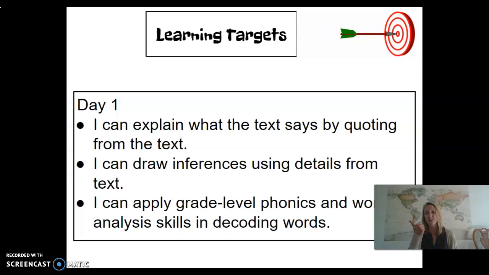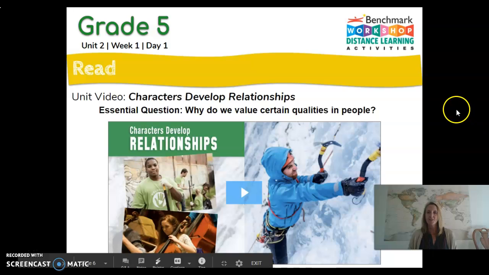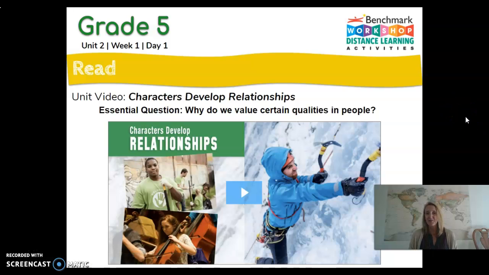We listen for what characters say, we listen for what characters do, and we pay attention to the relationships they have so we can have a deeper understanding of the type of person or the character that they are. So that is the opening for the theme of this unit. It's all about relationships, learning about other people.